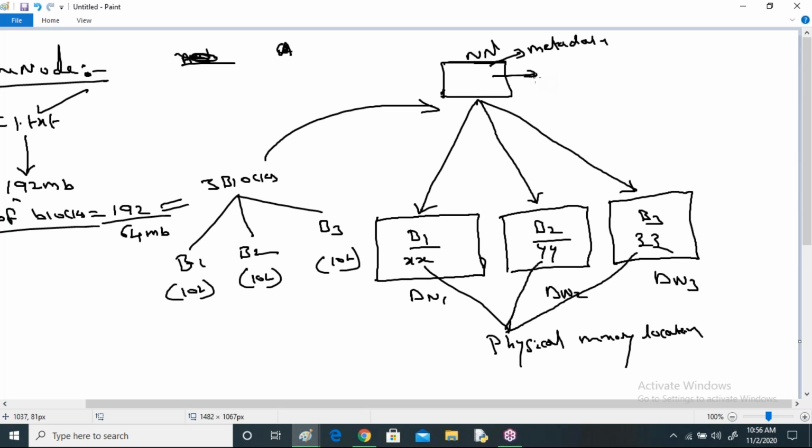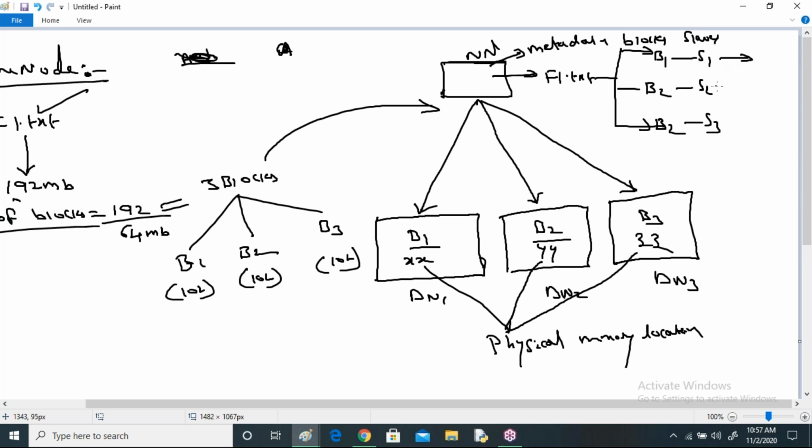Now coming to this name node. You see f1.txt file is divided into blocks, B1, B2, and B3. Where is B1 stored? In slave 1, B2 in slave 2, B3 in slave 3. These are blocks, these are slaves, and these are the physical memory location addresses, XX, YY, some addresses.